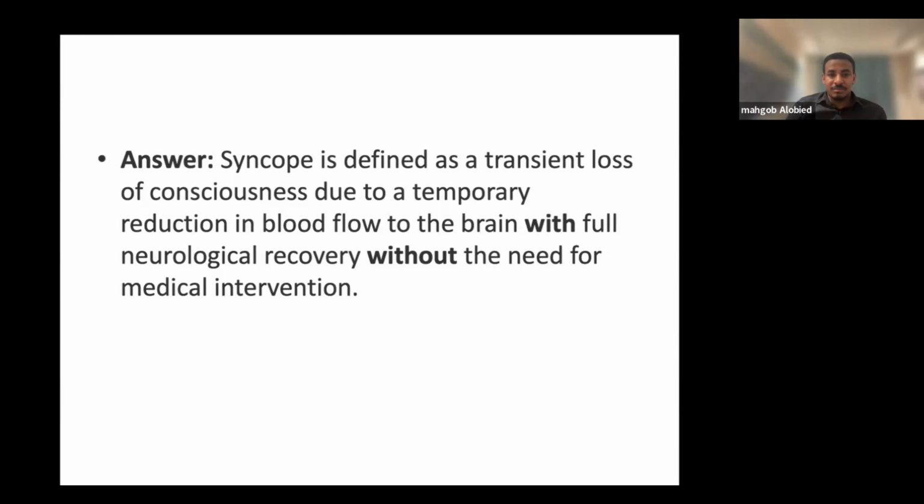I'm not aware of what happened to me. I just found myself on the ground for 2 minutes or 1 minute, and then I woke up. I can't remember what happened exactly, and I became fully conscious after that. So that's syncope.